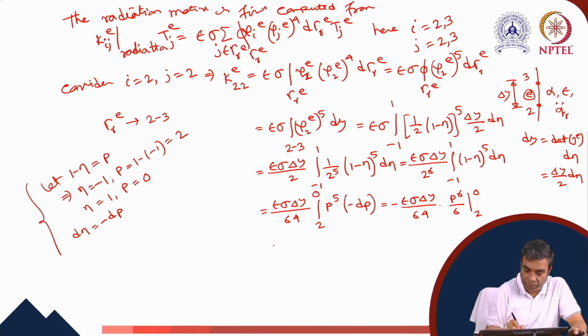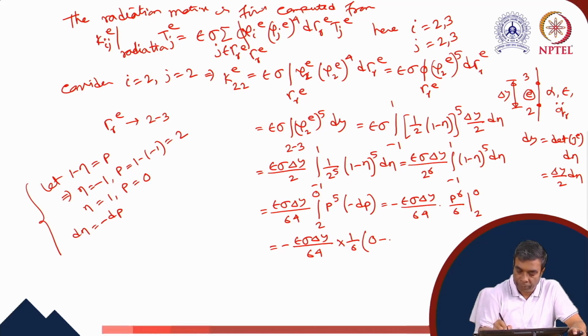So here we can write it as minus epsilon sigma delta y by 64 into 1 by 6 into (0 minus 2 to the power 6). This gives us, minus and minus will be plus.